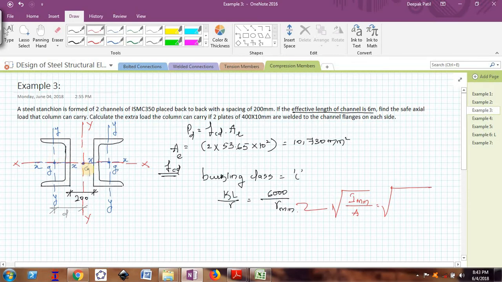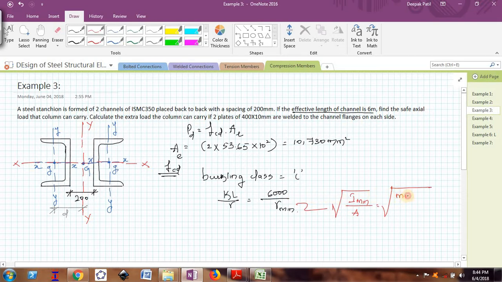Capital G is the CG of the two channels together, and the small g's are the CGs of the individual channels. Now this I minimum is the moment of inertia of the whole section together, so it should be the minimum of the moment of inertia about global XX axis and global YY axis.